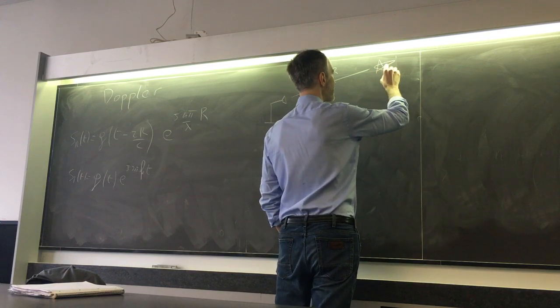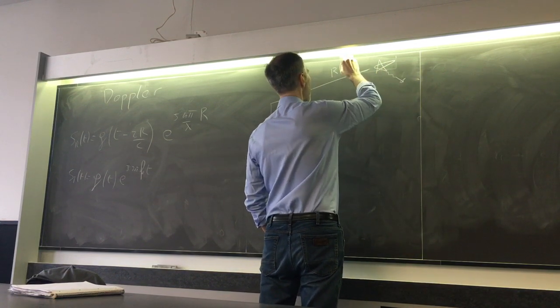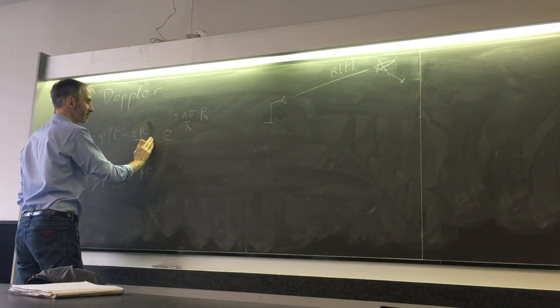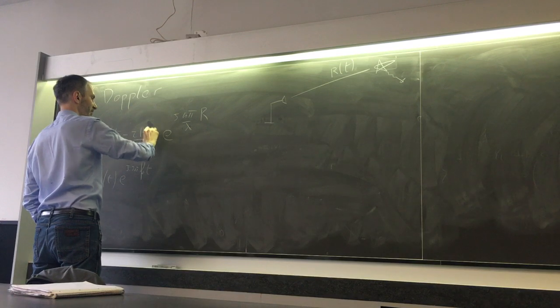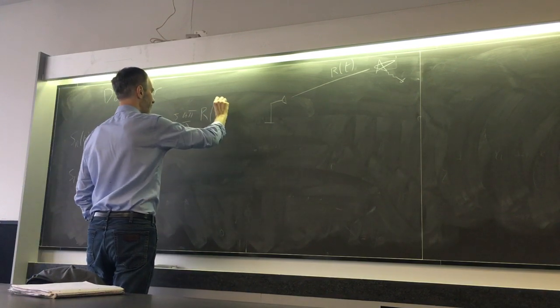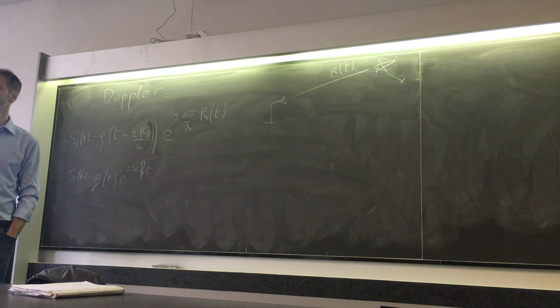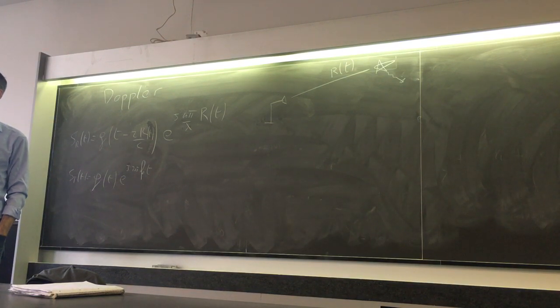So this object is going around, and so it's r of t. Okay, so how do we deal with that?